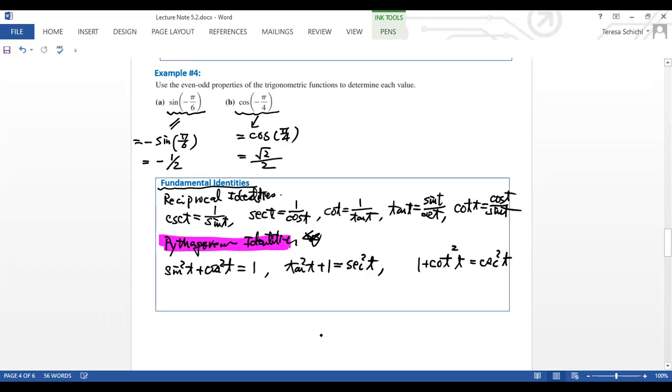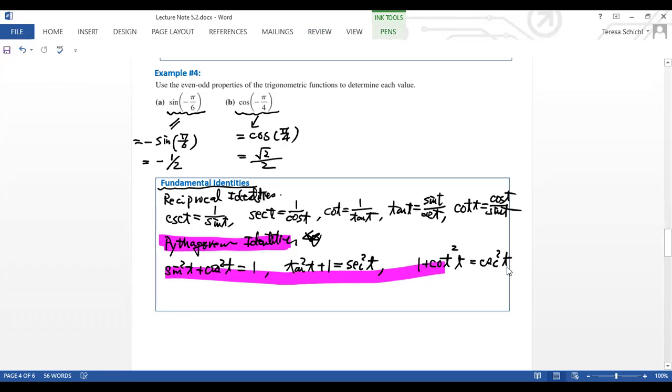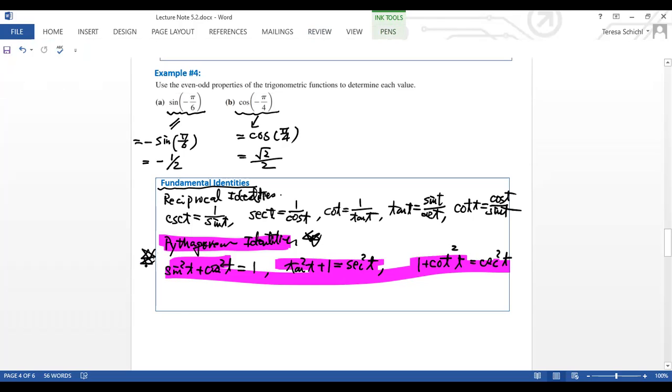So be careful, note here, these identities are super, super important. We put a lot of stars here.